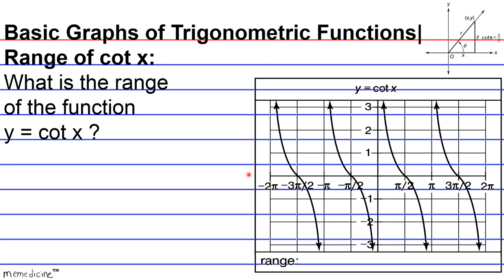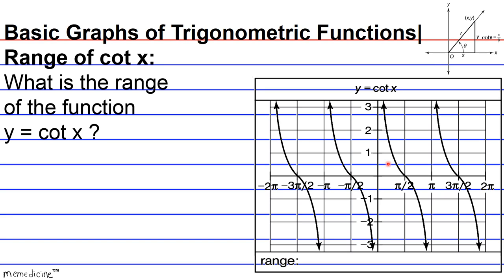So here the range, which is again the set of all possible dependent variable values, is basically going to be determined by doing a visual inspection first and finding wherever the y values exist, okay?